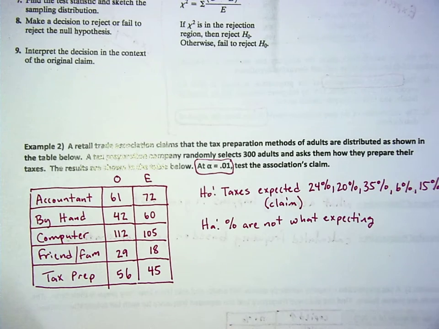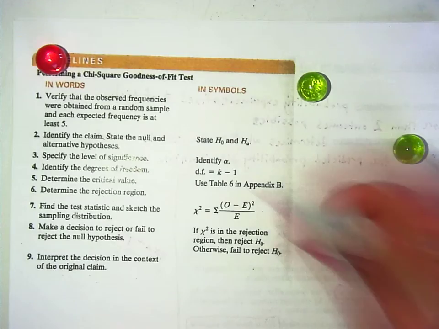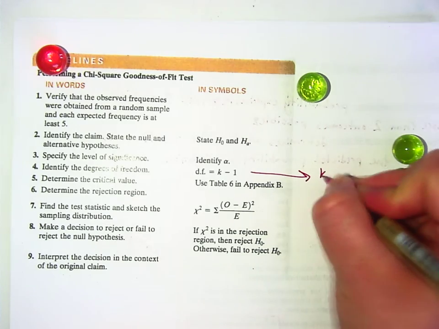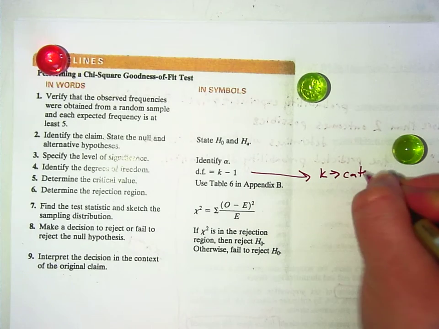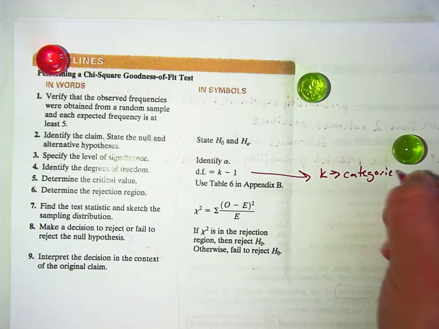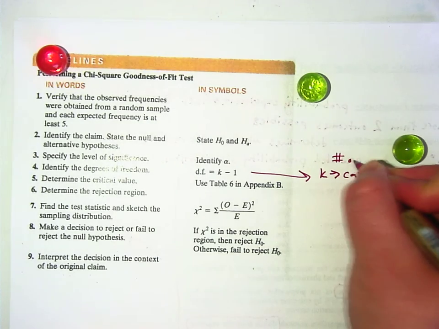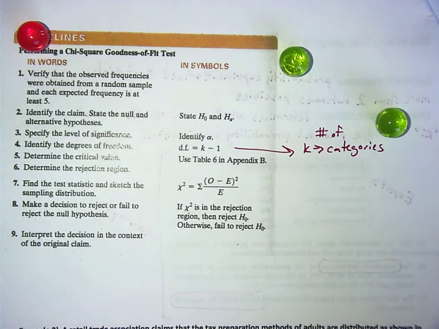Degree of freedom is k minus 1, where k is how many categories you have. So you might want to write this up here, that k is categories. So our degree of freedom this time is 4.